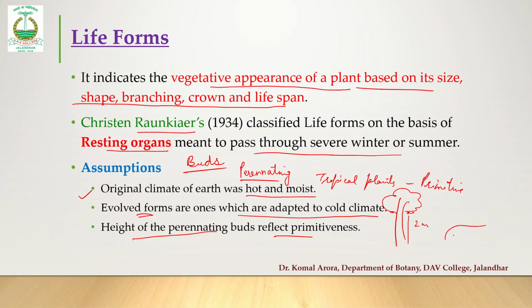And we have another plant which is growing like this, close to the soil surface, and its perennating buds are here, close to the soil surface. They may be underground also. You will have studied rhizomes, corms, so they may be even below soil surface. So this plant will be advanced as compared to the one which has the perennating buds at a certain height. Okay, so these were the assumptions by Raunkiaer.